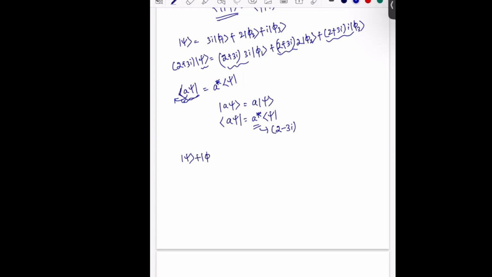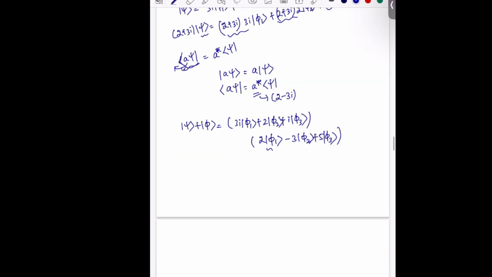Psi plus phi: psi is 3i phi 1 plus 2 phi 2 plus i phi 3, and phi is 2 phi 1 minus 3 phi 2 plus 5 phi 3. Just add similar terms, phi 1 with phi 1, phi 2 with phi 2, phi 3 with phi 3.